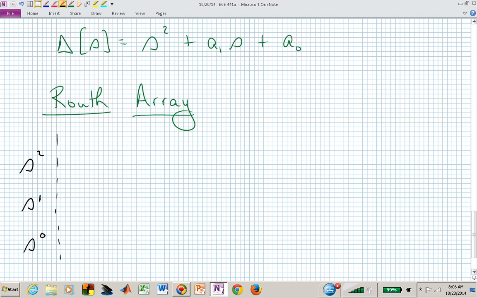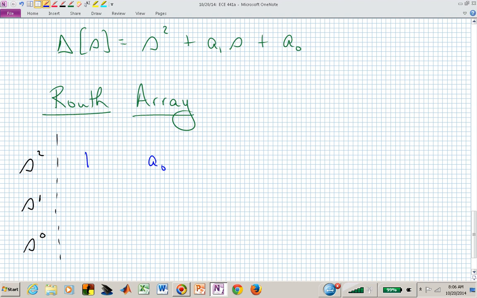In the first row, what did you put? 1, then you skip over and you go a sub 0, right? That's the first row. It's just 1 and a sub 0. Again, the top 2 rows of your Routh array come directly from the coefficients in your given polynomial.